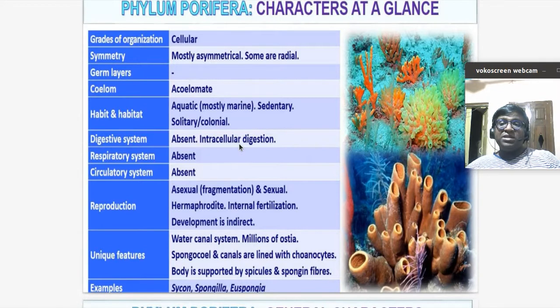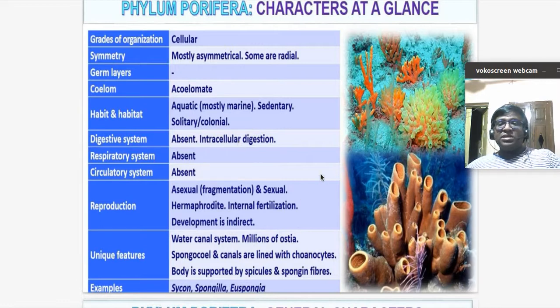Respiratory system is absent, so they breathe directly by diffusion through the cells and water. Then the circulatory system is also absent. Whenever we say circulatory system, we are talking about the heart and the mode of circulation, through blood vessels or without blood vessels. It is also absent.